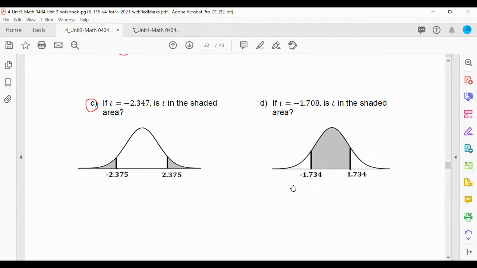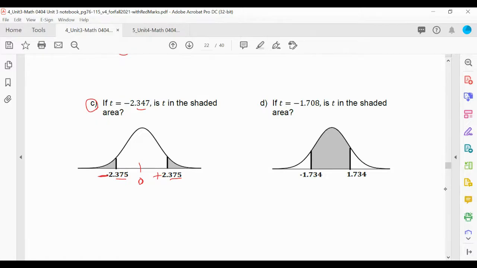Part C, if t is -2.347, is t in the shaded area? Now we have to compare this decimal to these 2 decimals. This one is negative, you can barely see that negative sign, and this one is positive. Somewhere in the middle we have the 0. So we have negative 2.347, and we're comparing it to 375.